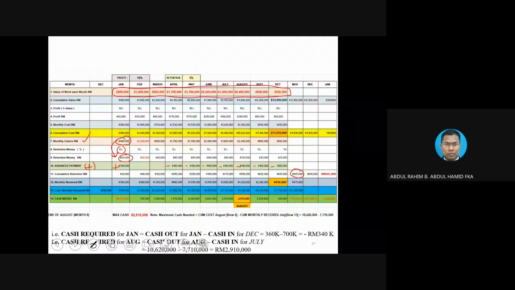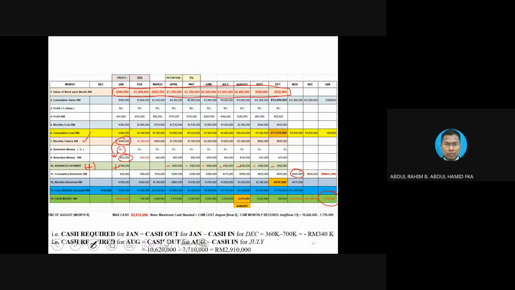If you want the account system to be closed, for instance, at the end of the day, like what I did, we are going to get the last amount here after adding back the retention money.